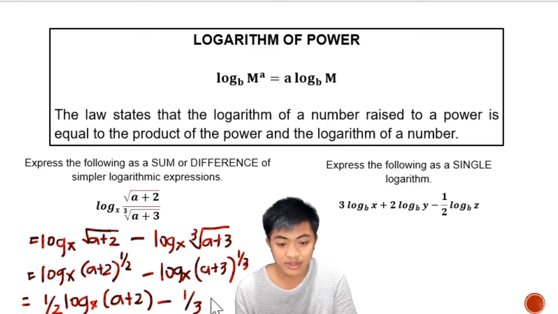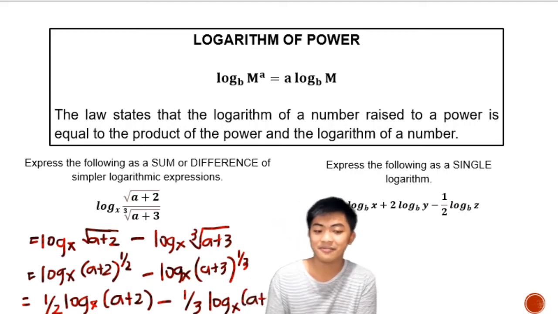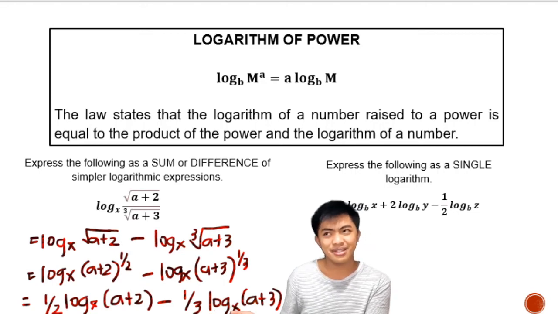And so we can just write here the log expression, a plus 3 to the base x. So that is how we expand that logarithmic expression as a difference of simpler logarithmic expressions.